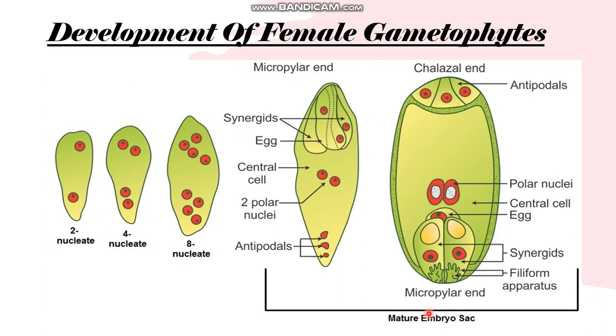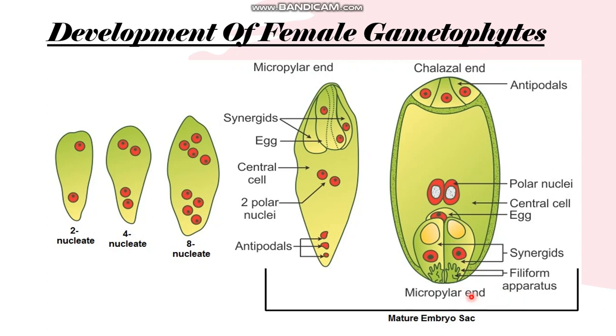So here you can see this is the micropylar end. At the micropylar end, 3 cells are formed. In the center, the cell formed is known as the egg cell. Lateral to the egg cell, there are 2 cells known as synergids. Synergids have finger-like extensions called the filiform apparatus.